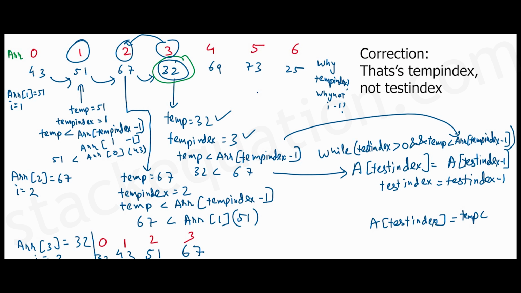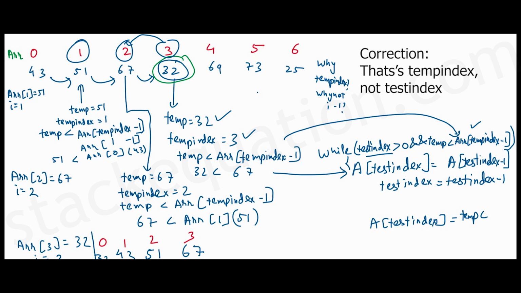Also, because while swapping, this temporary value should be lesser than all the previous ones, then only it will reach its right place. So it keeps a check on that also. And test index has to be greater than 0 because this entire thing starts from the first index.